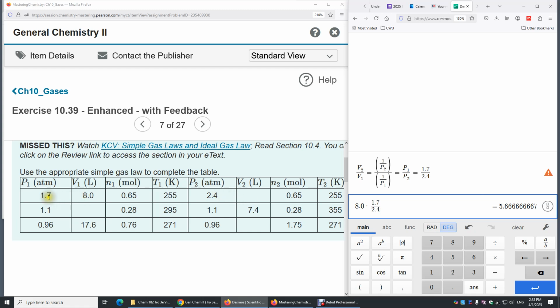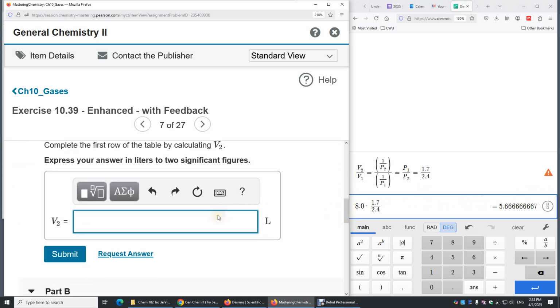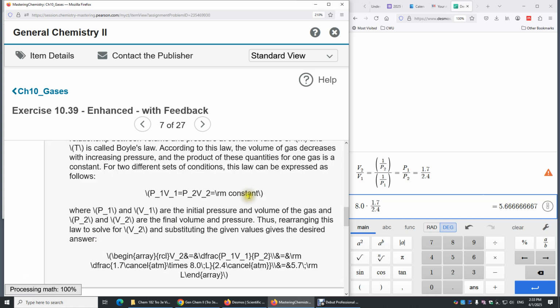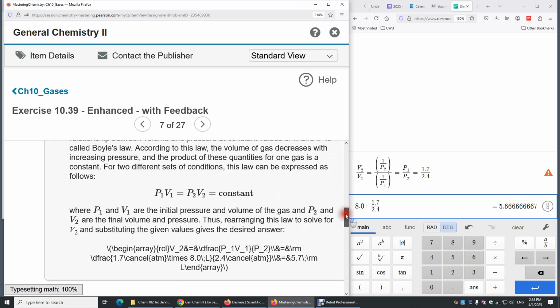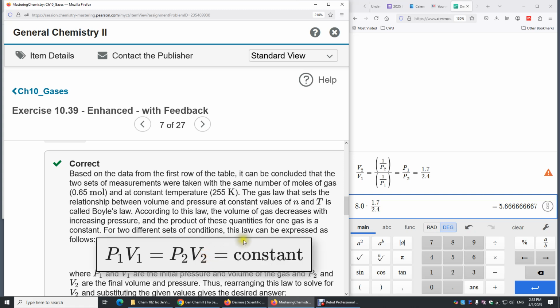When pressure increases from 1.7 to 2.4, the volume should decrease, here from 8 to 5.7. So it makes sense. 5.7. Make sure you remember this equation: P1 V1 equals P2 V2.